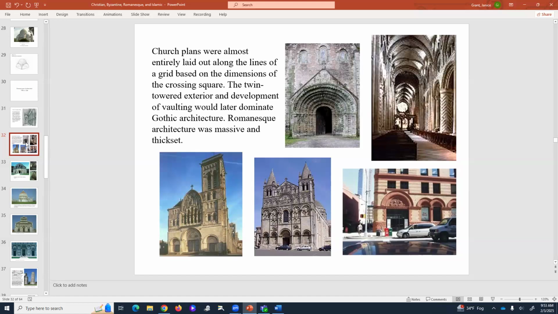We see these twin tower exteriors, and sometimes when you see that there's only one, it's because the other one was destroyed, but they were normally two.